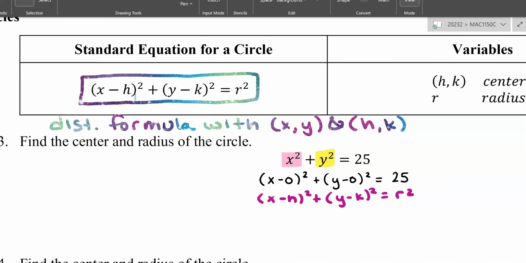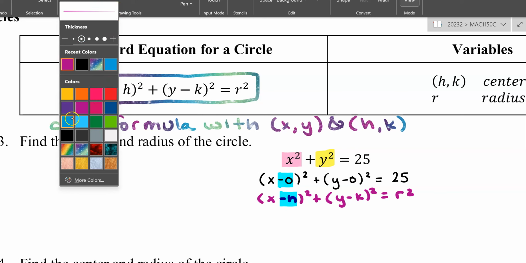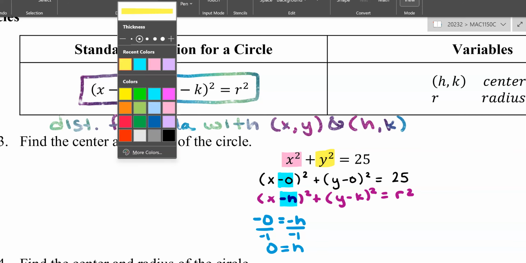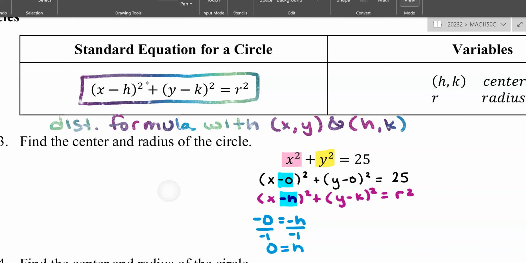Let me get a different color here. Let's do blue. So minus 0 is the same as minus h. So if I wanted to find h, I could divide both sides by -1, and I get h equals 0. And then very, very similarly, I've got y minus 0 lined up with my y minus k.